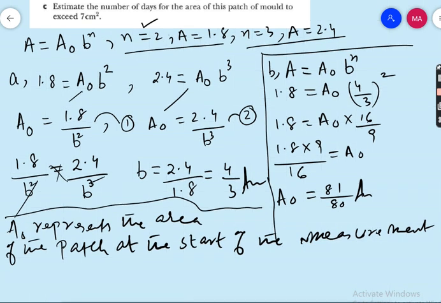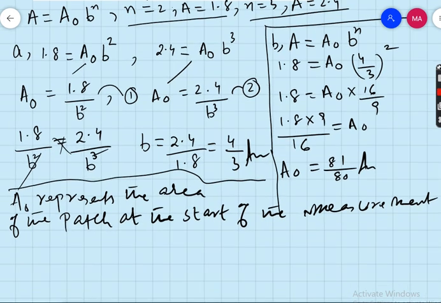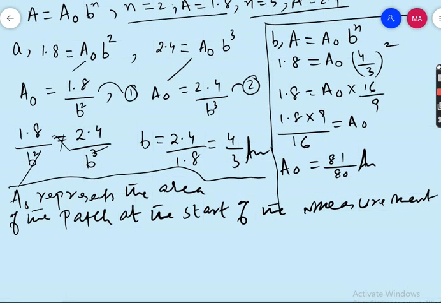Come to part C. Part C is estimate the number of days for the area of this patch of mold to exceed 7 centimeter square. So what is our equation? Our equation is A equals A naught b power n.